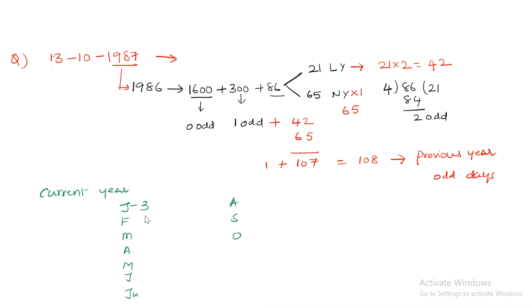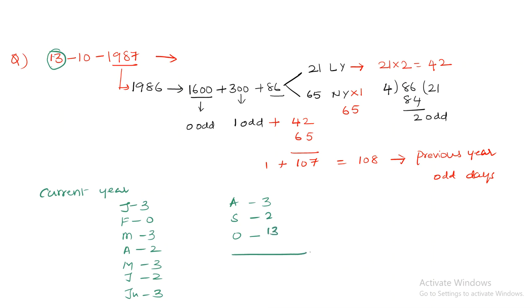Now January will have 3, February 0, it's not a leap year, March 3, April 2, May 3, June 2, July 3, August 3, September 2, and October, see here, we need to find the 30th, so we'll take this 13 as it is here.